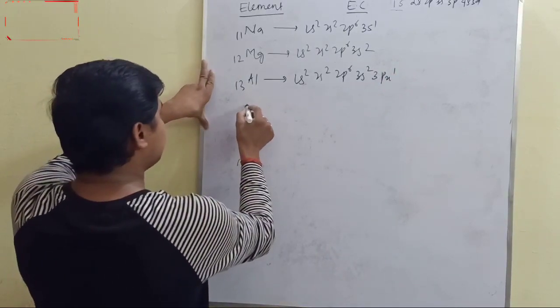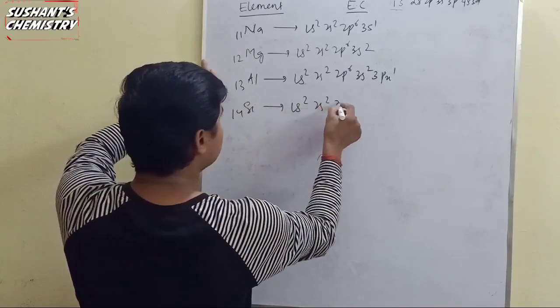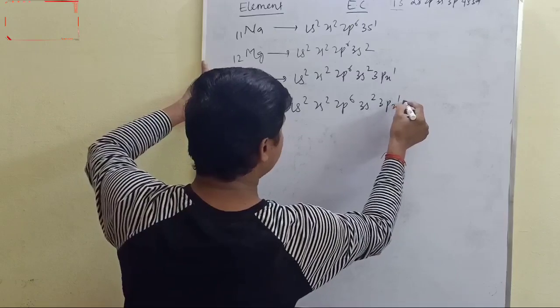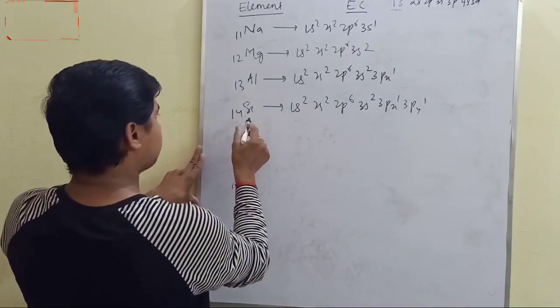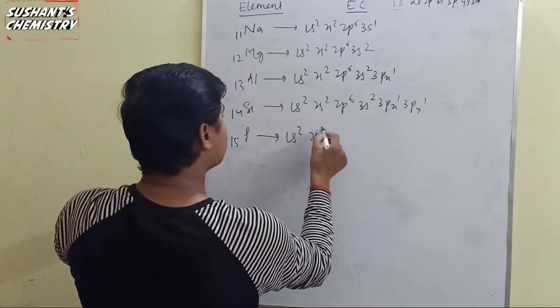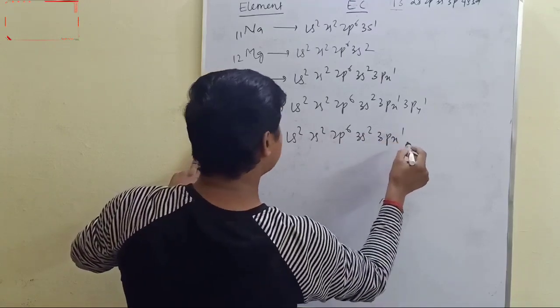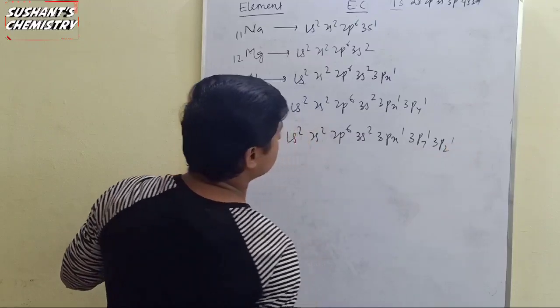Silicon 14, that is 1s2 2s2 2p6 3s2 3px1 3py1. Phosphorus 15, that is 1s2 2s2 2p6 3s2 3px1 3py1 3pz1.